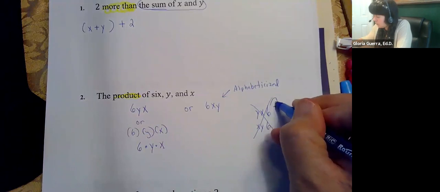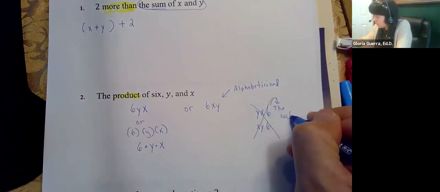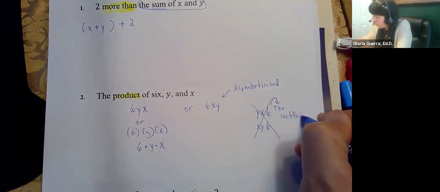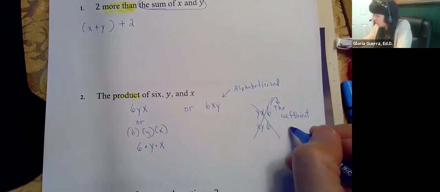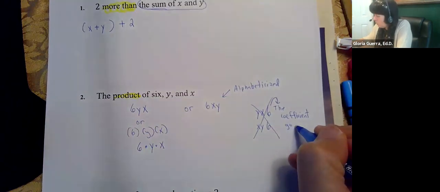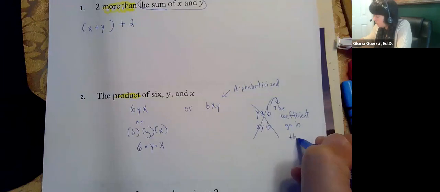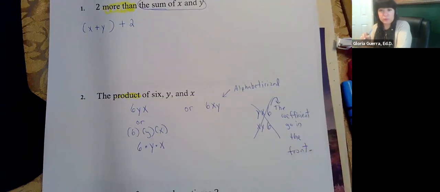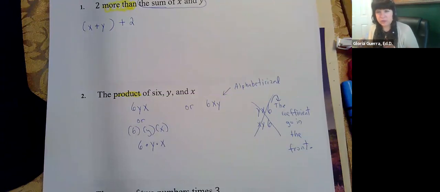So the coefficient does go in the front. Otherwise, it throws you off. They do like the coefficients in the front of the letters, not in the back. So that you can't do.